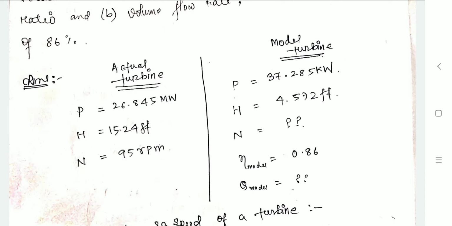And for the model turbine, the parameters are power output 37.285 kilowatt, net head is 4.572 feet, and we need to find the rotational speed. Then the efficiency of the model is 0.86, and we have to find the volume flow rate.